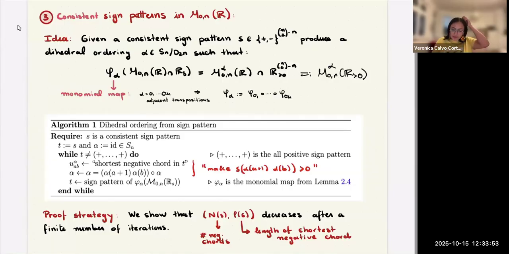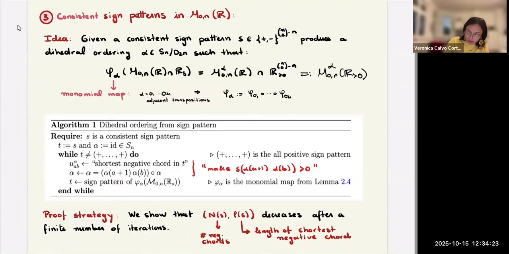And honestly, the idea of the algorithm is rather naive, in the sense that I think it's what one would just start doing when working through an example. So we start with the sign pattern. Of course, if it's not already the all plus sign pattern, we take the shortest negative chord. And we want to apply the transposition that swaps the elements in this chord.